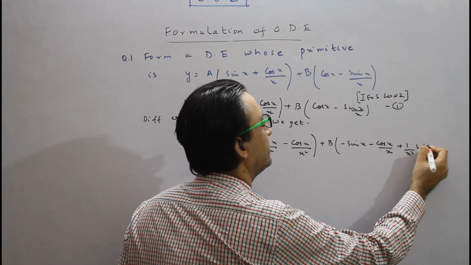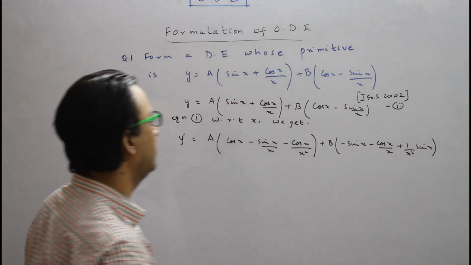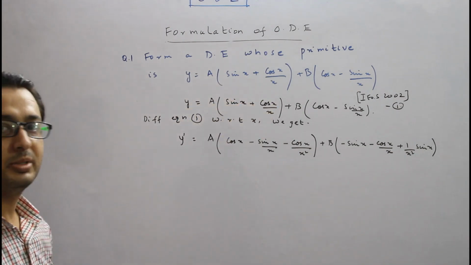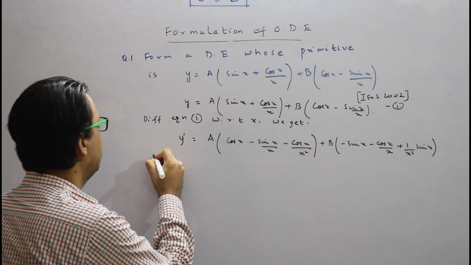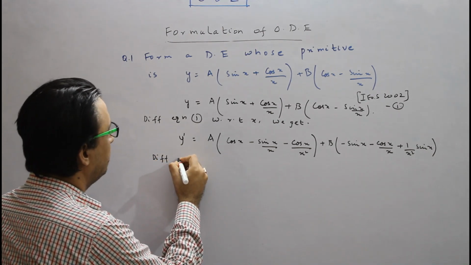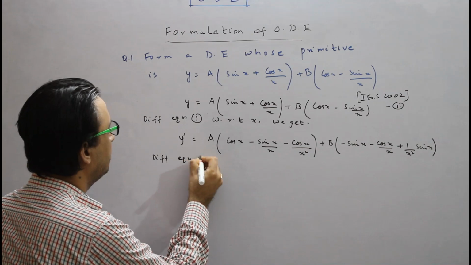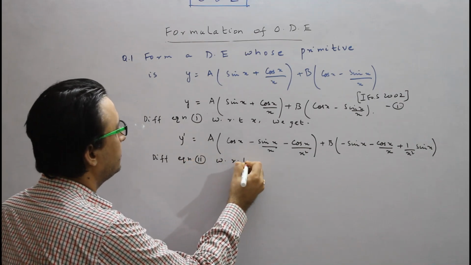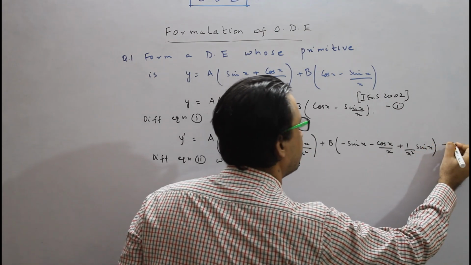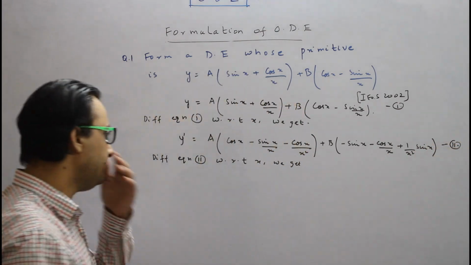So this is kept as constant. We need to differentiate it further because we have two arbitrary constants. So we differentiate equation 2 with respect to x. We call this equation 2.